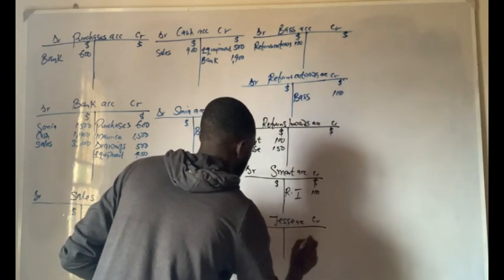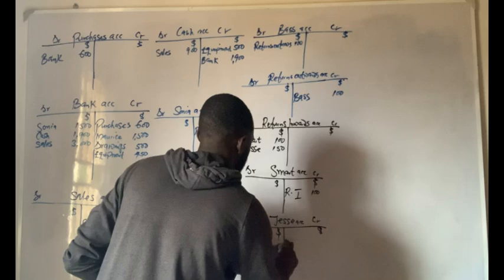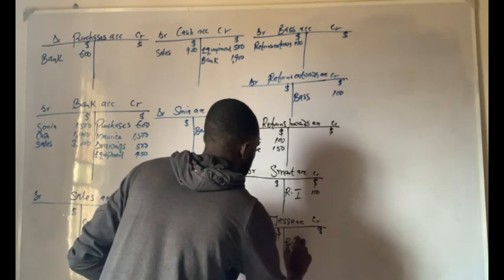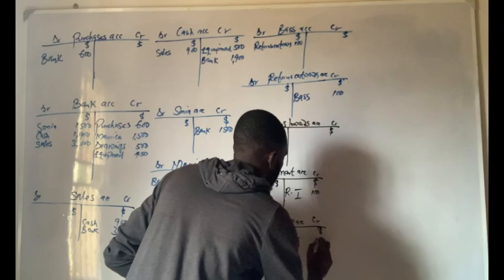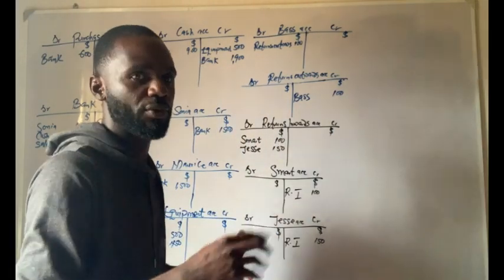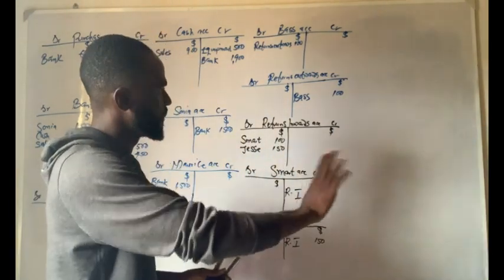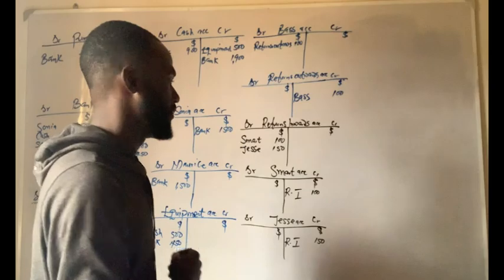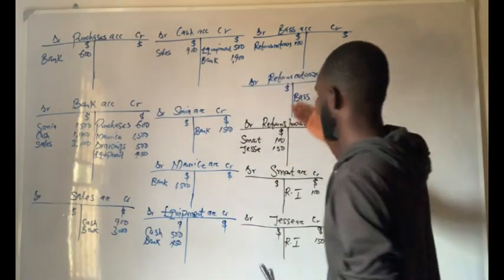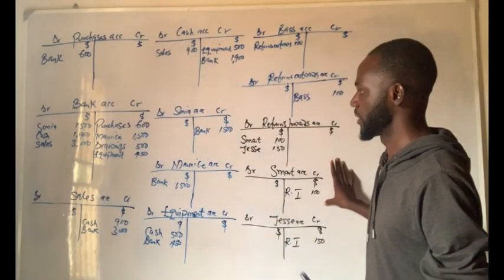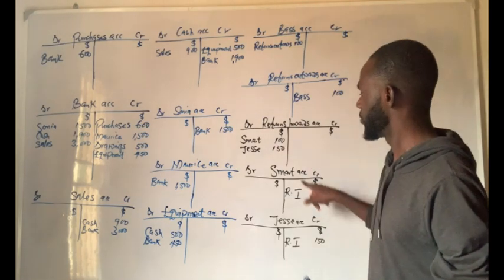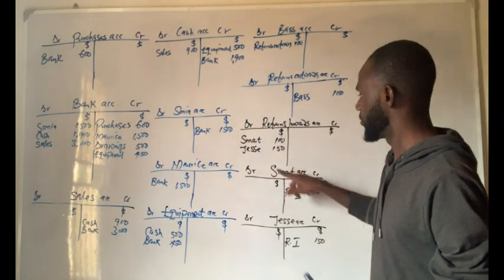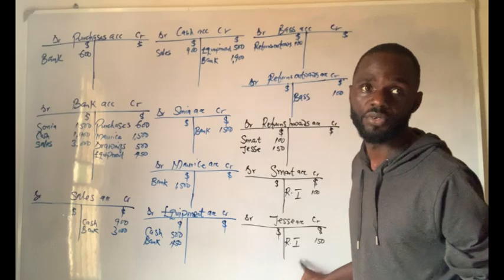So this is going to be also returns inward, and that's 150. But when you're doing your practice, you can expand your ledger so that you can write it complete in full. Okay, so this is how you show the double entry for this transaction. 100, debit entry, credit entry, debit entry for 150, credit entry for 150.